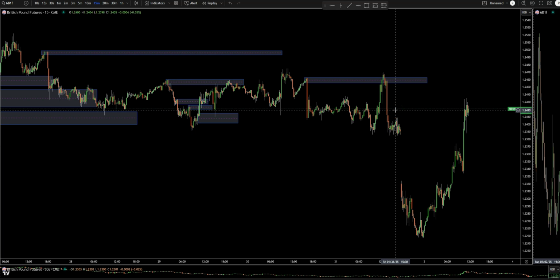Another thing to note is that some of the gurus and the YouTube teachers out here will teach you that the supply and demand zones or order block zones are definitive, meaning that if price moves past them by one tick, one pip, one whatever, that zone is now invalidated.